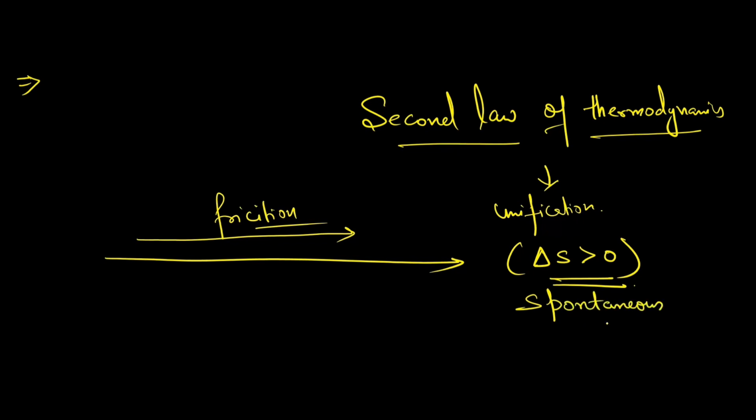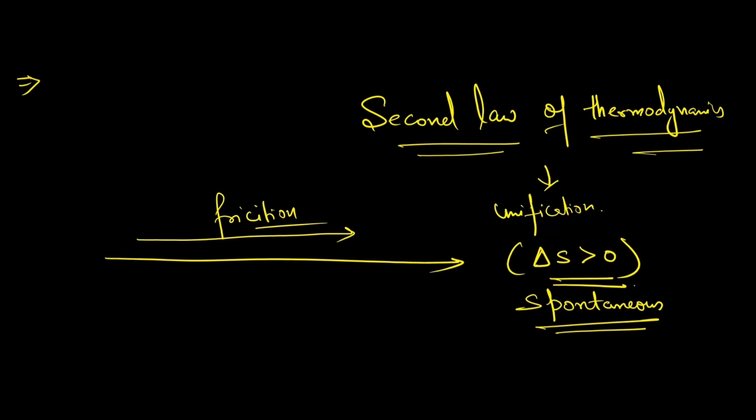The second law of thermodynamics explains many phenomena in physics. There are some reactions which are possible from one side, and from the other side they are not possible. From work you can create heat, but from heat you cannot create work fully or completely, which you will study ahead.